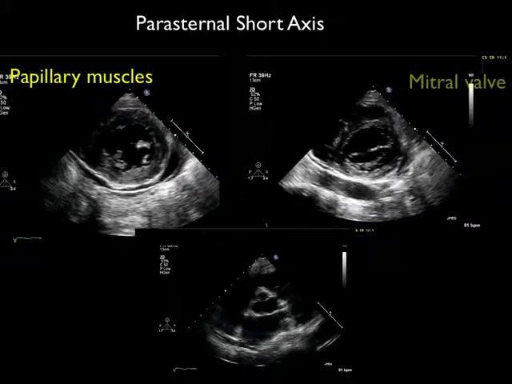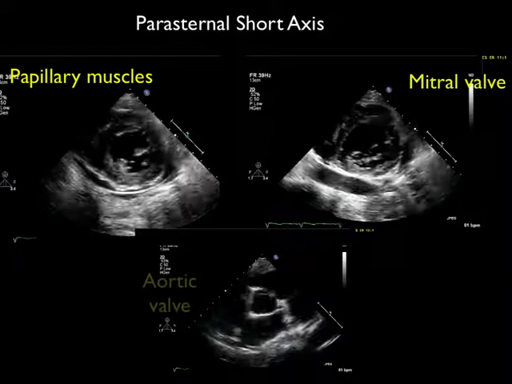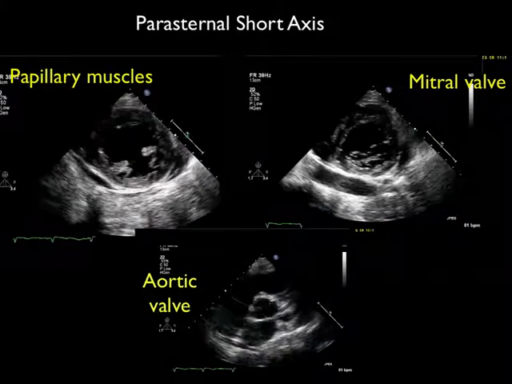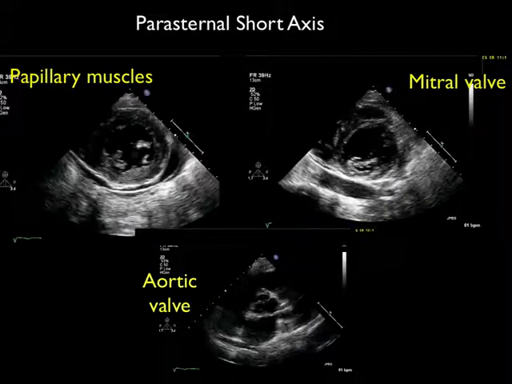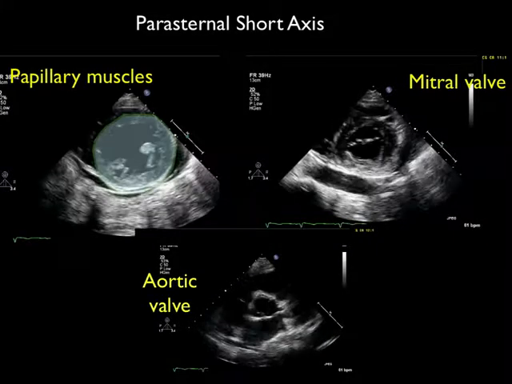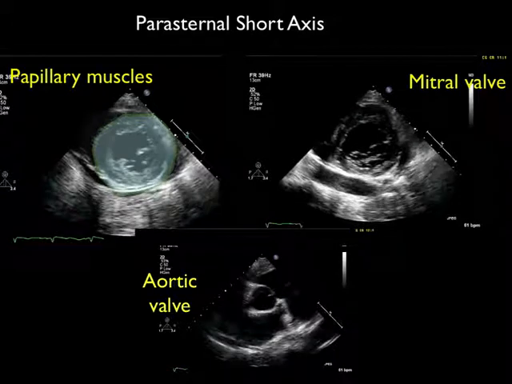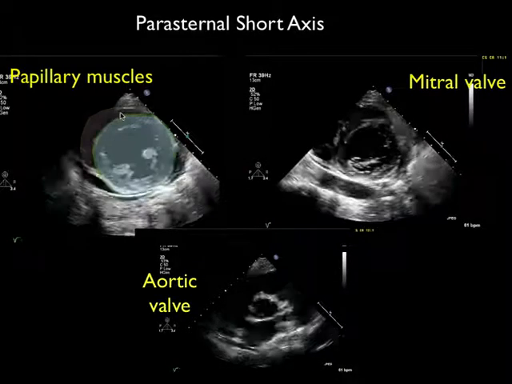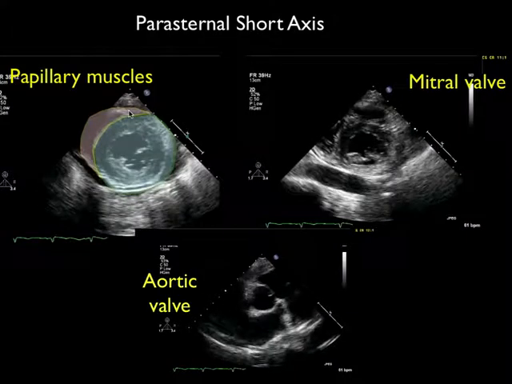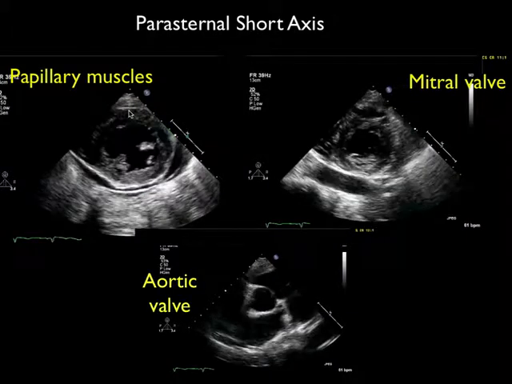You can see those papillary muscles, the mitral valve, and then finally the aortic valve in that view there. This being the left ventricle, and this little piece over here being the right ventricle in that parasternal short axis.